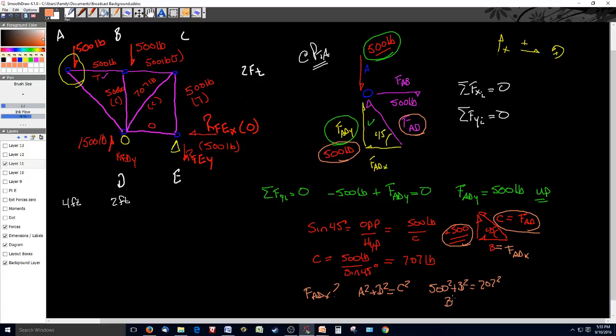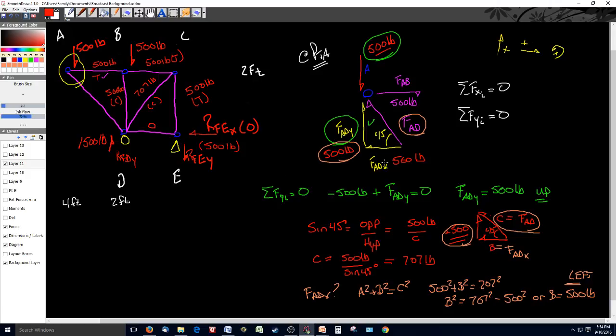And it reduces down to B squared equals 707 squared minus 500 squared, or B equals 500 pounds. So pretty straightforward there. Now, this is kind of an important concept to understand because we drew that unit triangle. It is left. The way we drew the unit triangle, it would be negative, so I lose my sign. But this ends up being 500 pounds.